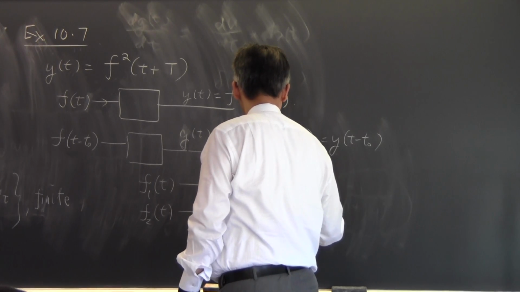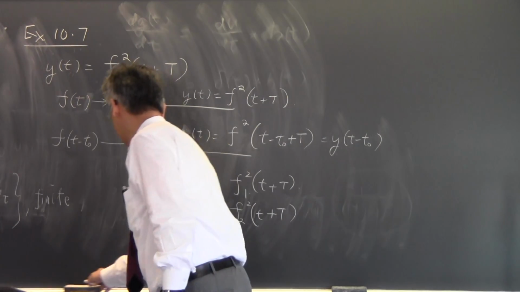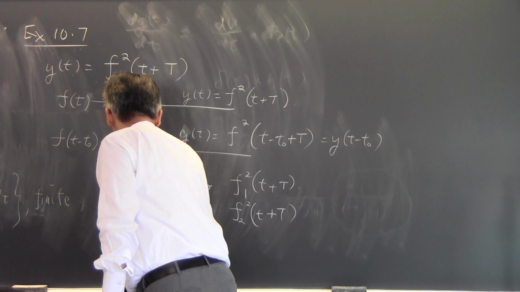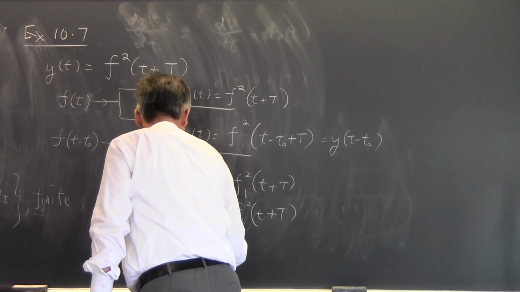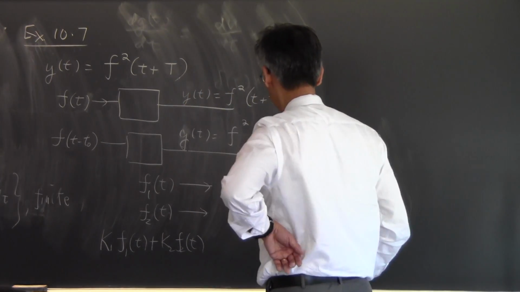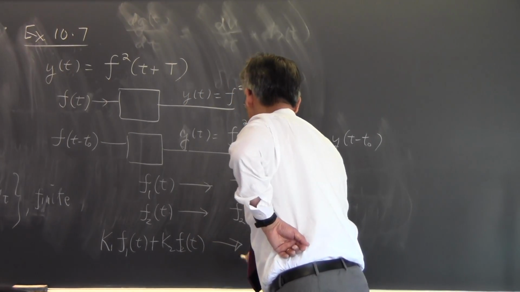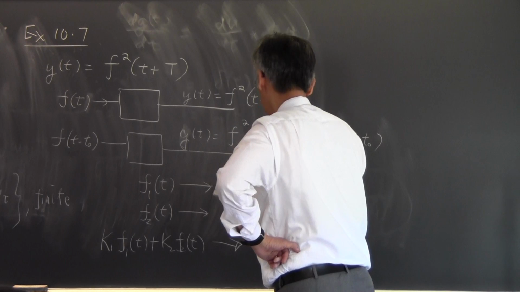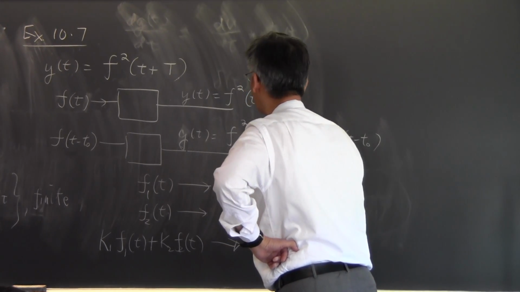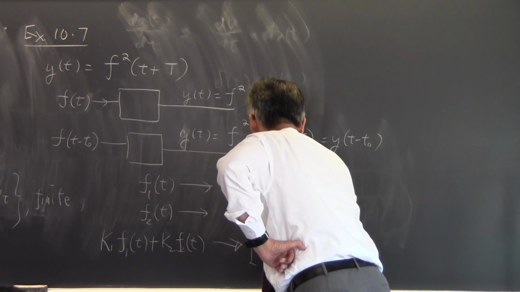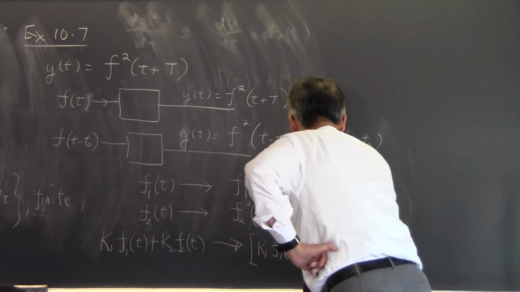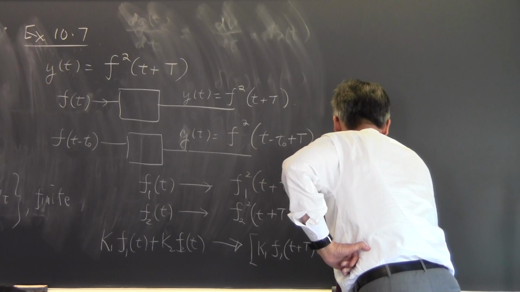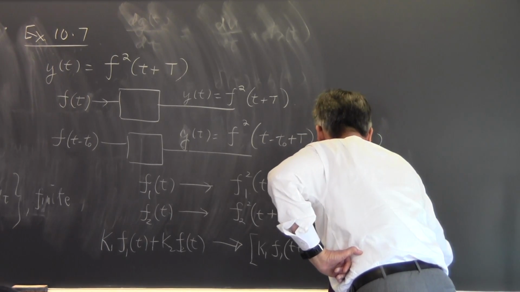Now if I have a linear superposition of these two inputs, k1 f1(t) plus k2 f2(t), then by using this rule the output should be k1 f1(t plus capital T) plus k2 f2(t plus capital T), whole thing squared.